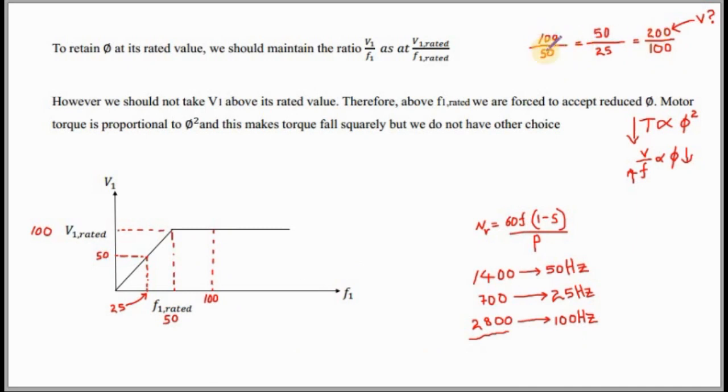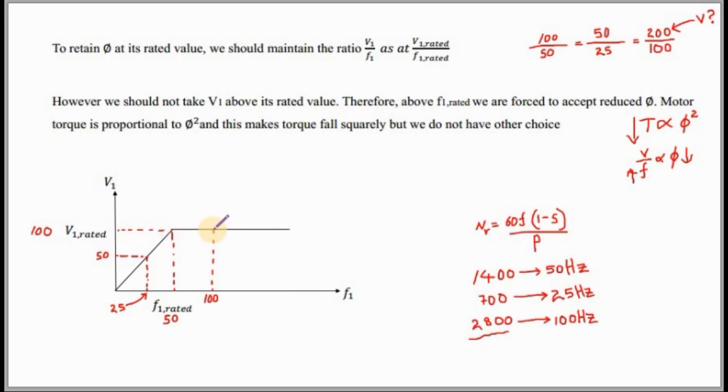So according to this formula, we have to apply 200 volts, but that one is beyond the rated value, so we can't apply 200 volts. The maximum you can apply here is 100 volts.